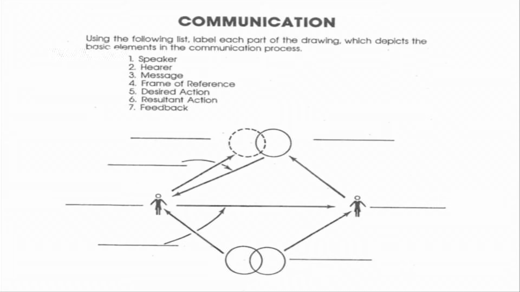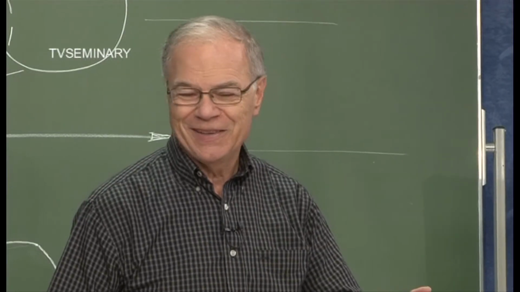Now there are 7 phrases or words up here: speaker, hearer, message, frame of reference, desired action, resultant action, and feedback. And on your sheet of paper, there are also 7 spaces, 4 on your left-hand side and 3 spaces on your right-hand side. All right, are we all clear so far?